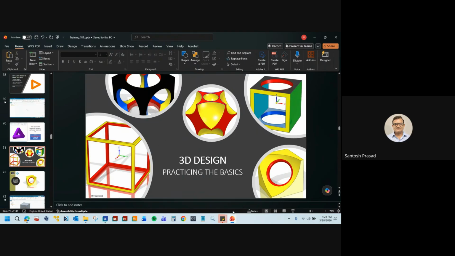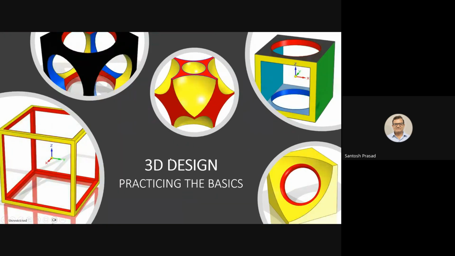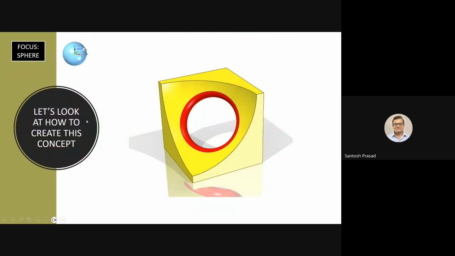Now when I move to 3D, we will see how to create certain things, and how innovative or intuitive your thinking is, how to create certain geometry, or how to get that shape.